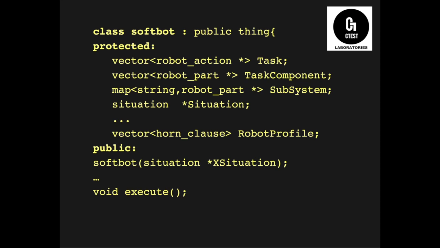And I just want to point out a couple main components here. We have a vector of robot actions. Early in the talk, I talked about function objects and predicate objects. This is what I meant by that. So our set of task components here, our vector of robot parts, those are function objects representing the parts that the subsystem that the robot is going to be built out of, the sensors, the cameras, and all of those kinds of things.